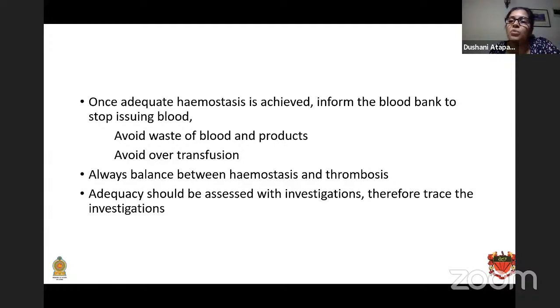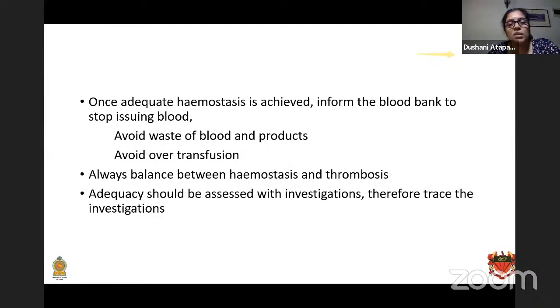People are scared to come to the hospital to donate blood, and their mobile services have been stopped for a while. So they are in a very difficult situation to find blood. So it's very important to avoid waste of the blood and the blood products, and always balance between hemostasis and thrombosis when it comes to blood transfusion.